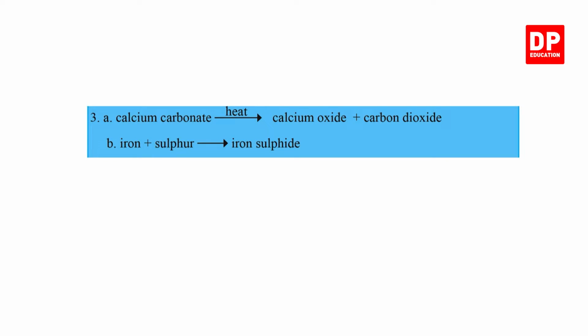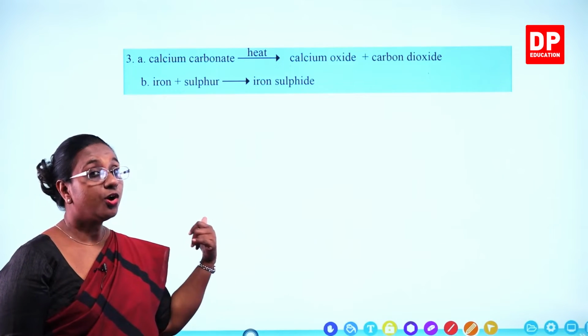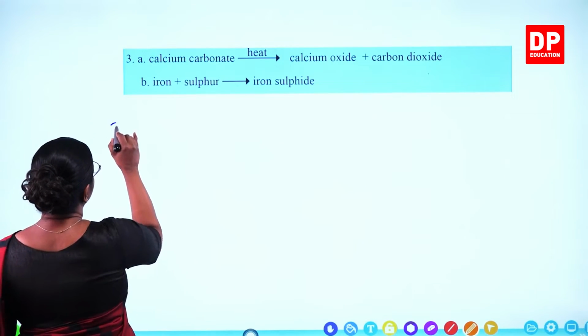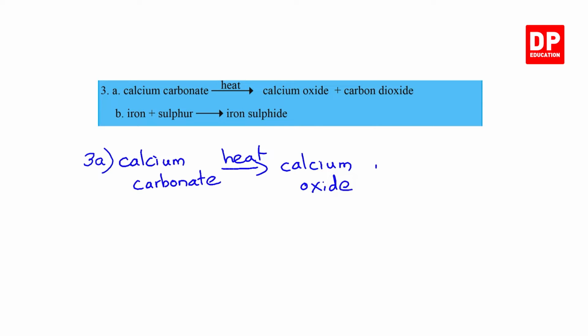Third one, A, calcium carbonate. When you heat, you get calcium oxide and carbon dioxide. You're familiar with this reaction. This is a chemical decomposition reaction.